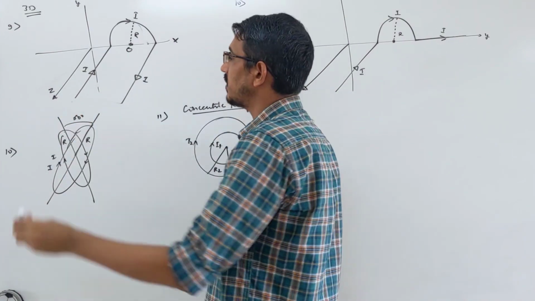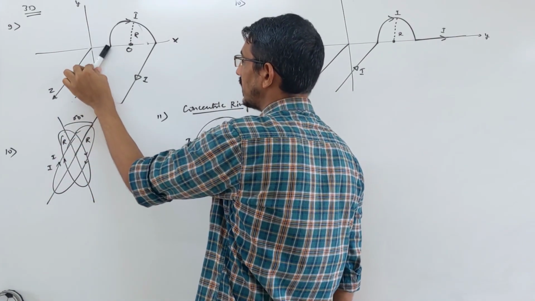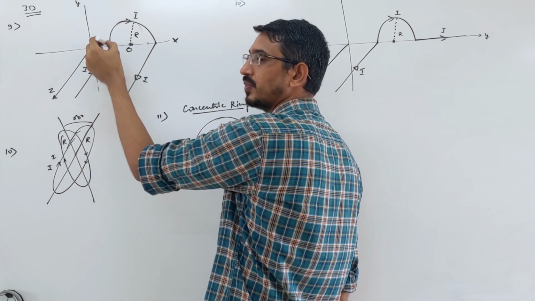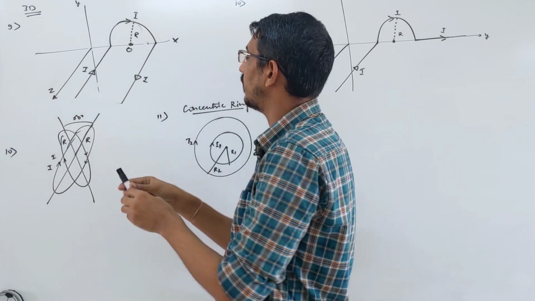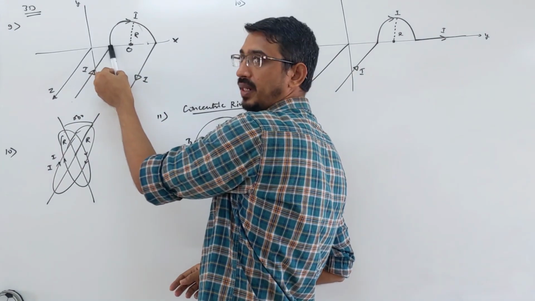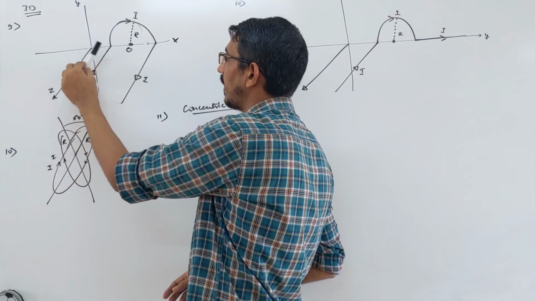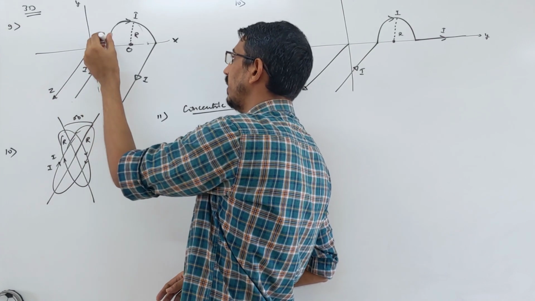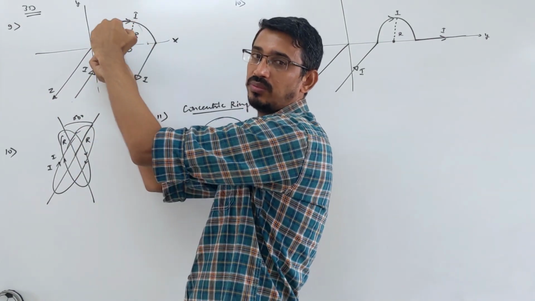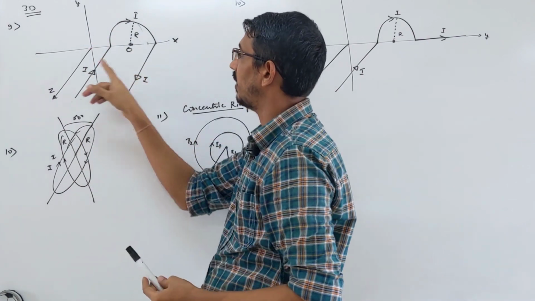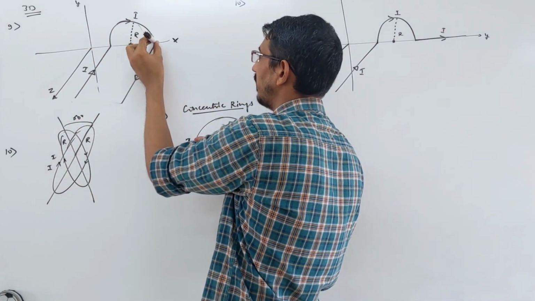Meaning this wire is not placed on the board like this, it's placed like this. It's a 3-dimension thing. If this wire were placed on the board, it would be straight like this itself. So this wire is placed parallel to the z axis, like that. So this is a wire placed here. Current is going inward into the board, and this wire is also parallel to z, meaning this wire is placed like that.